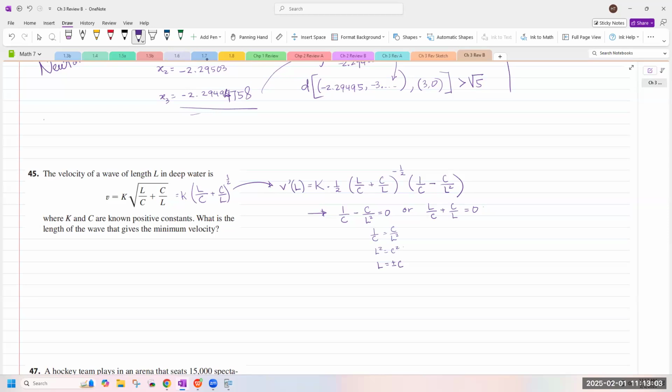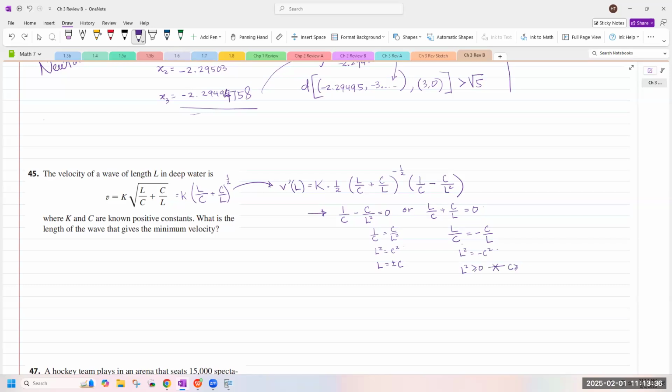Now, that's according to what we have there. On the other hand, L over C equals negative C over L, so L squared equals negative C squared. But no, L squared has to be greater than or equal to 0. At the same time, that contradicts the fact that C is a positive number, not 0.